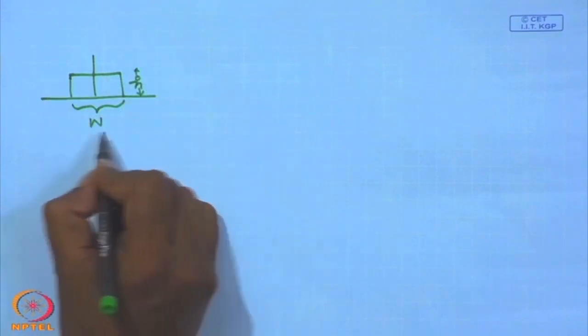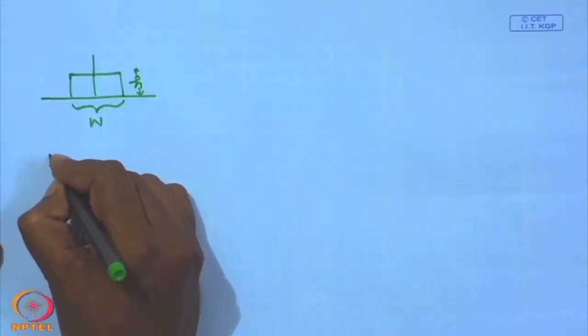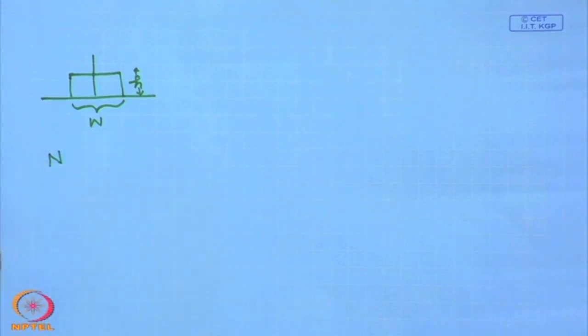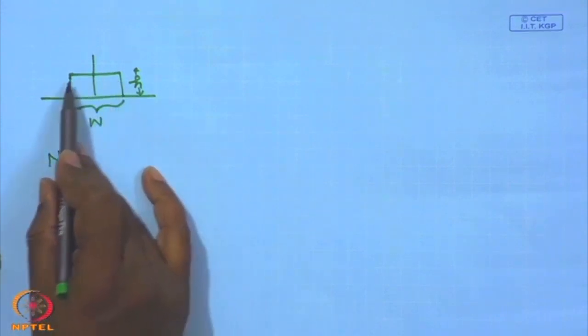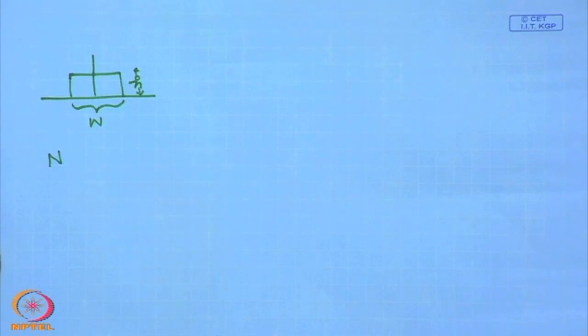If I fix the width of the window, then the height of the window will be determined by the total number of samples which are available for the probability density estimation. So, if I have a total of capital N number of samples, I will have N such windows, and the total area of all these windows taken together has to be equal to 1.